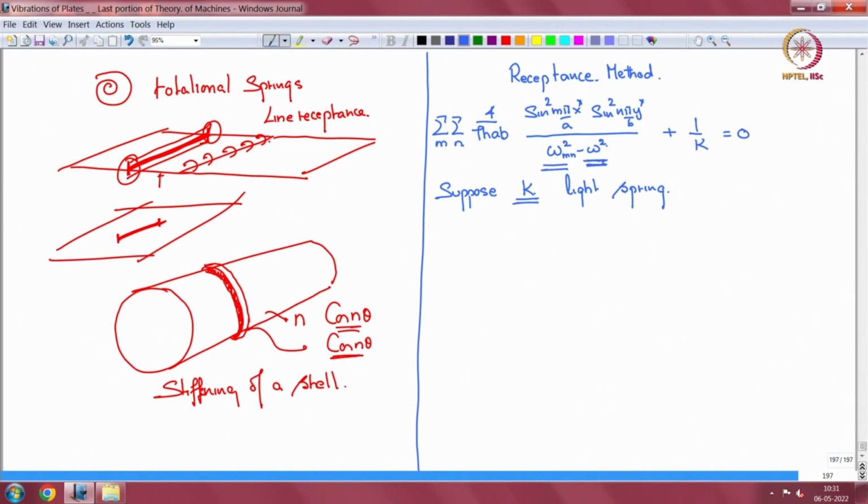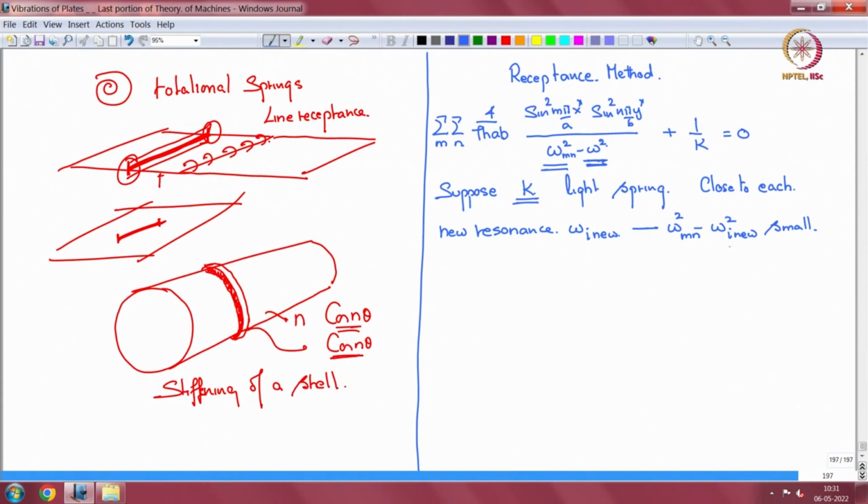That means close to each new resonance omega I nu, omega mn square minus omega I nu square will be a small quantity, which means that term will dominate.